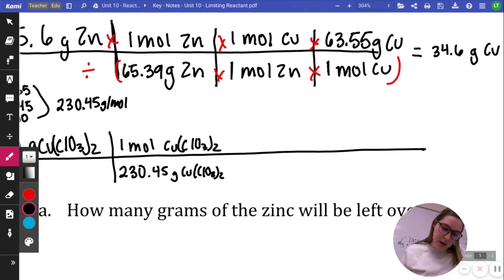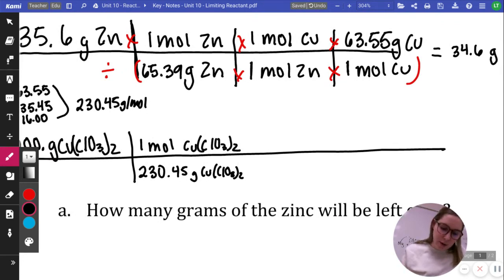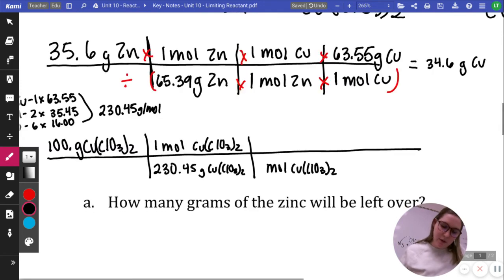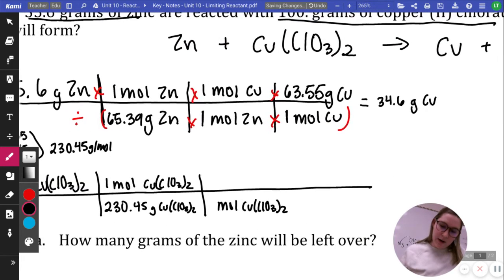So we're going to get from copper chlorate into just pure copper. I'm going to drop moles of copper chlorate low, and use the coefficients from the balanced chemical equation to convert from copper chlorate to copper. So for every 1 mole of copper chlorate, it will make 1 mole of copper.